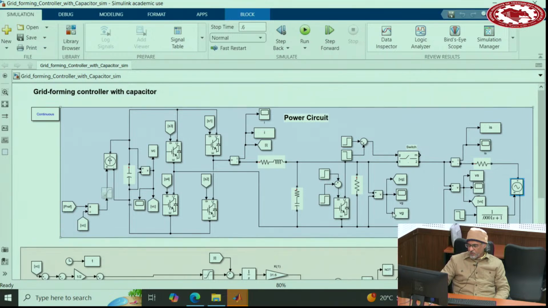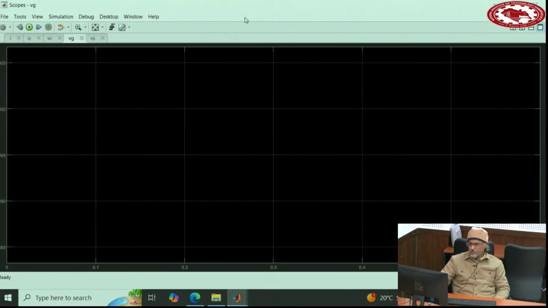Okay, so let me see what I can open. Looks like very slow, even opening an oscilloscope. Now it's open here. All right.